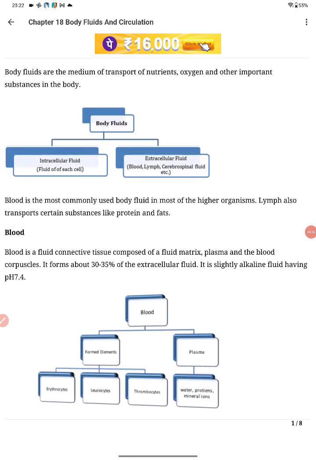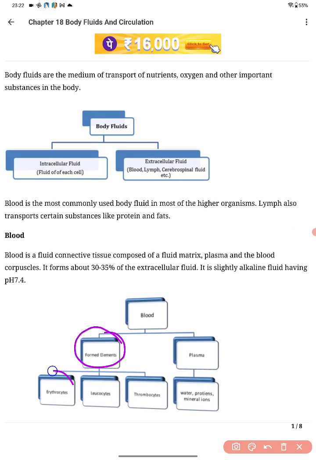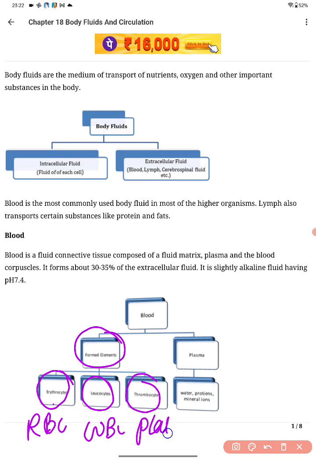Formed elements are nothing but blood cells: erythrocytes, leukocytes and thrombocytes. Erythrocytes are the RBCs. Remember this, leukocytes are the WBCs, thrombocytes are your platelets. Plasma consists of water, proteins, minerals, ions, gases, everything. Carbon dioxide is present mostly in the plasma, not in your RBC.